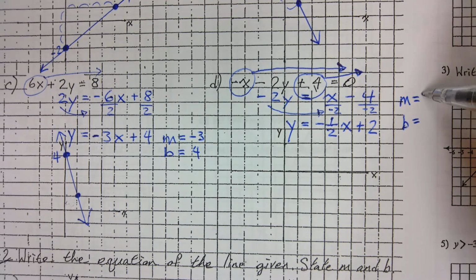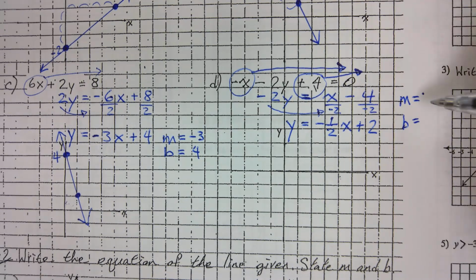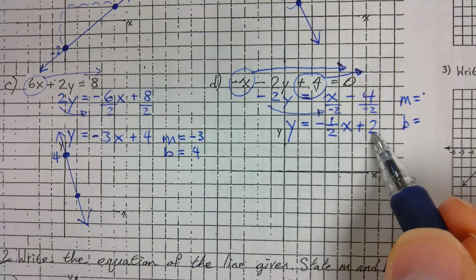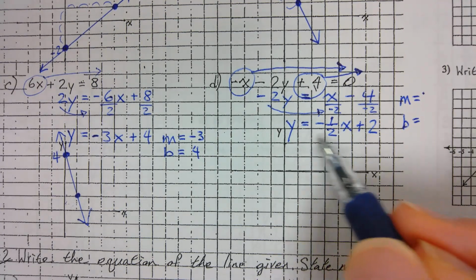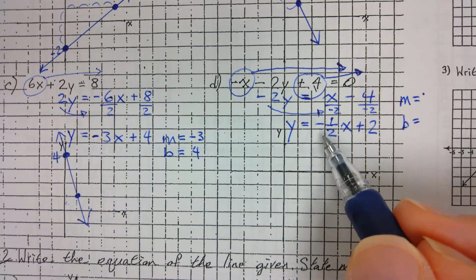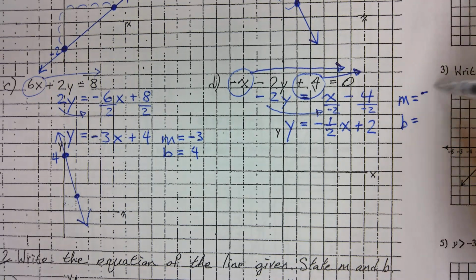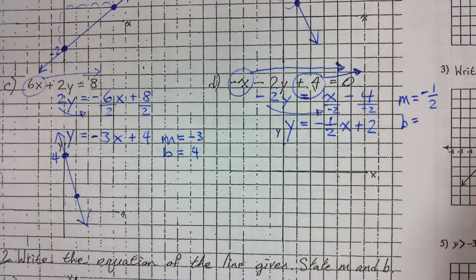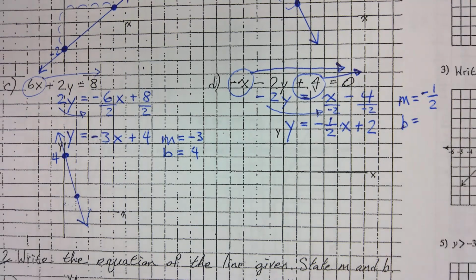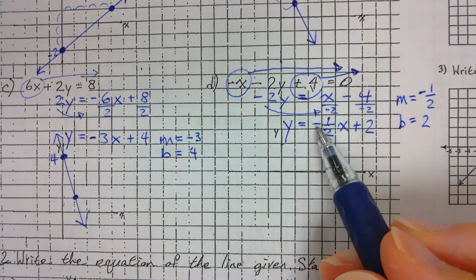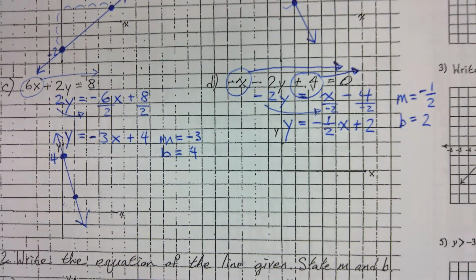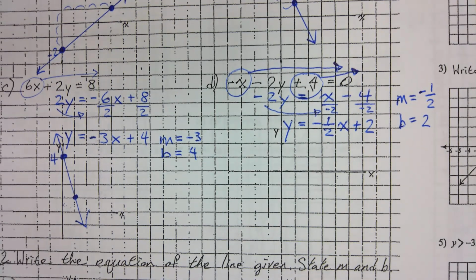yep, slope. Alright, so looking at this equation, my slope is the number in front of the x. So what's my -1/2. And my y-intercept, my b is 2. Right here. Okay.